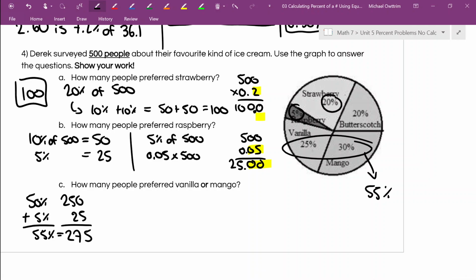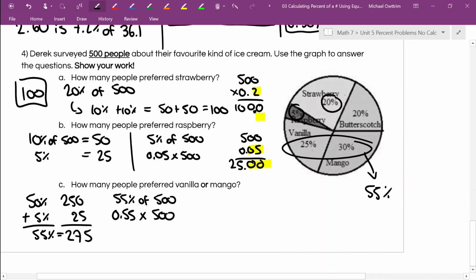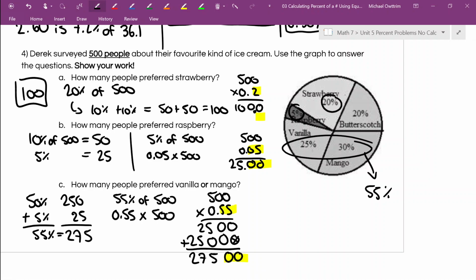Or again, we could solve an equation for this. So we could do 55% of 500, convert that to a decimal, and then multiply it out. 5 times 0, 5 times 0, 5 times 5. Placeholder 0, 5 times 0, 5 times 0, 5 times 5. Two digits in decimal places, 2 digits in decimal places.